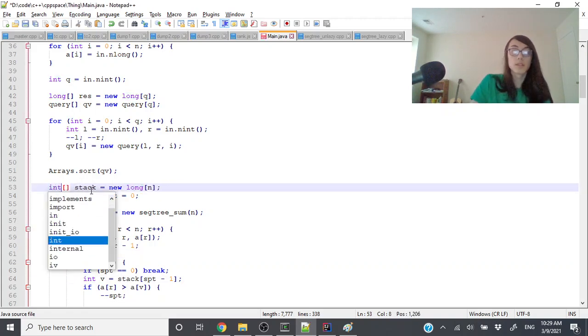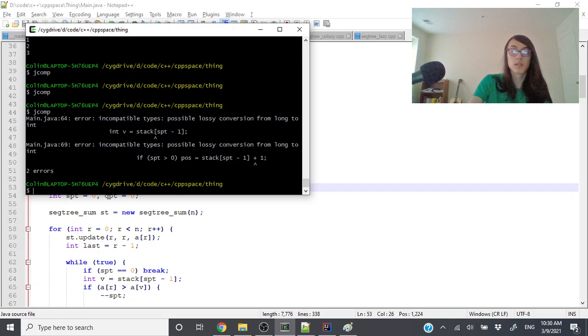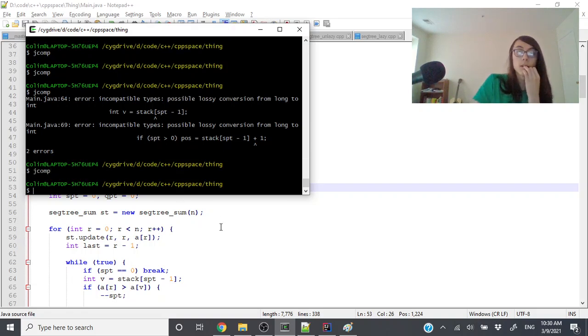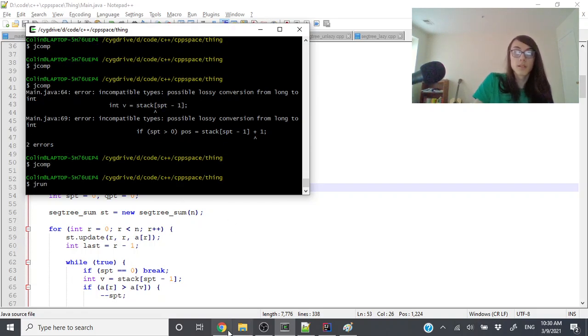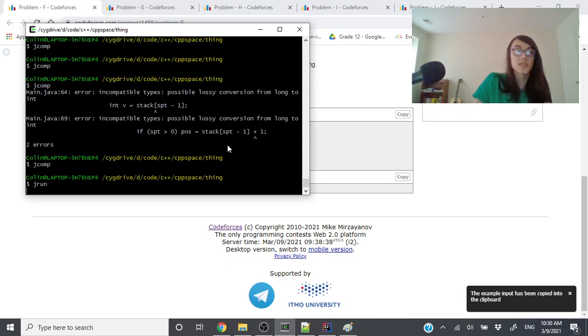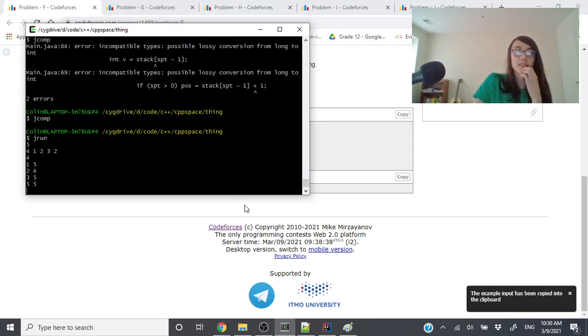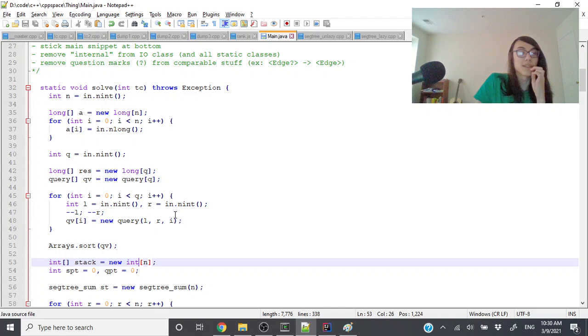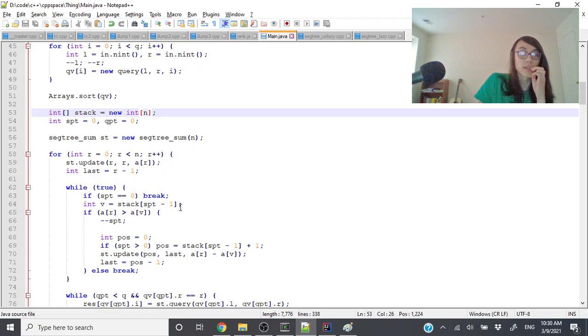This can be int. Okay. If it works first try, I'll be very surprised. Doesn't even finish reading the input. Alright, reading the array, reading the queries.